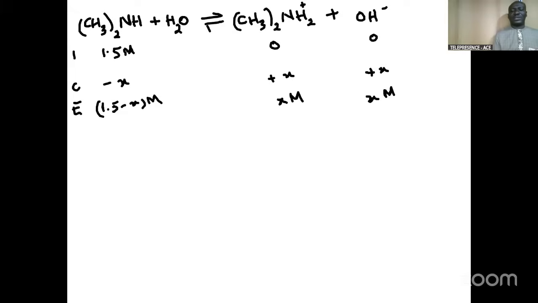Now we can use this to write the expression for the equilibrium constant. This is a base that dissociates, so we call it the base dissociation constant.